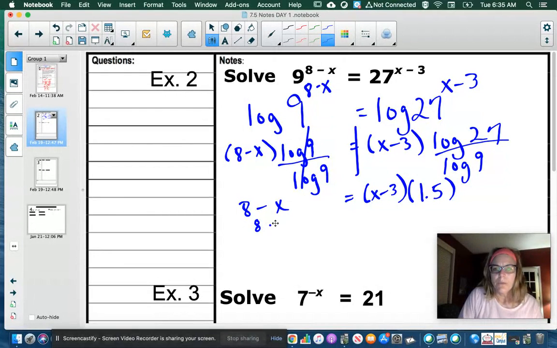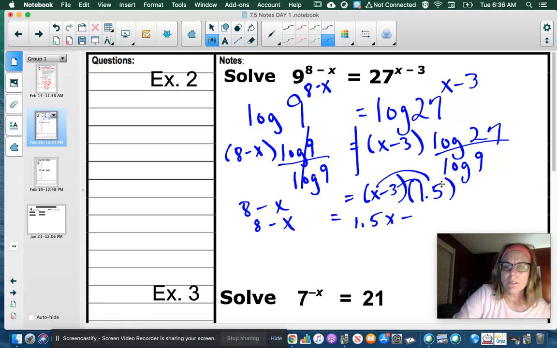And now what I would do is we have to distribute the 1.5. So we get 1.5x. And then if we take 1.5 times 3, we're going to get 4.5. Okay, plug it into your calculator.